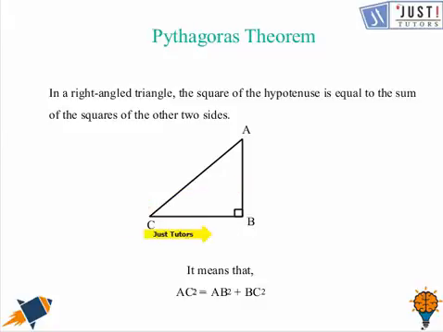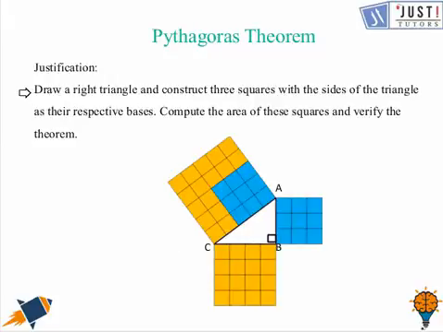Now let's see how we can prove it. So to prove this theorem, what we do is we draw a right triangle and construct 3 squares with sides of triangle as their respective bases. So when we are constructing squares on each side, that means the square will have length same as the sides on which they are constructed.